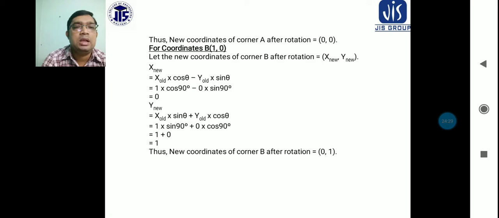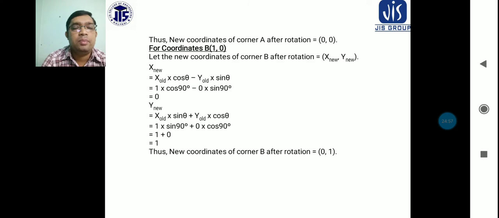And y new equals x old times sin theta plus y old times cos theta. Putting in the values, 1 times sin 90 degrees plus 0 times cos 90 degrees equals 1 plus 0, which equals 1. Thus the new coordinates of corner B after rotation are (0, 1), while A after rotation is (0, 0).